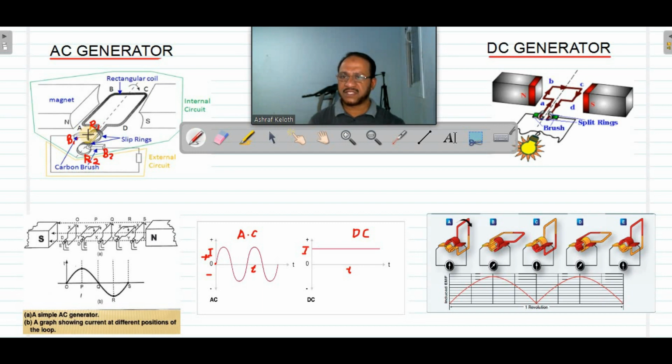It is not fixed, they are just slipping. The brush slips on the ring, and contact will be there always, but not a fixed one. The same way, ring R2 will be always in touch with B2. R1 will be always in contact with B1, even if the rectangular coil is rotating completely.